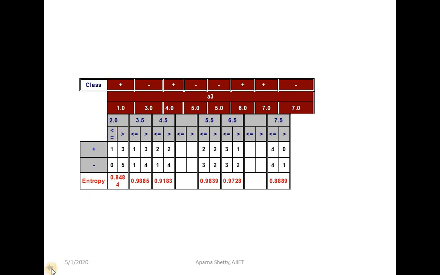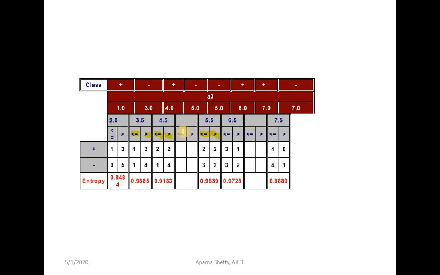Similarly, divide all the split points into 2 parts: less than or equal to, greater than. Here we don't have a split point for 5, correct, because 5 is repeating twice. For 5.5 also divide it into 2 parts, less than or equal to, greater than.